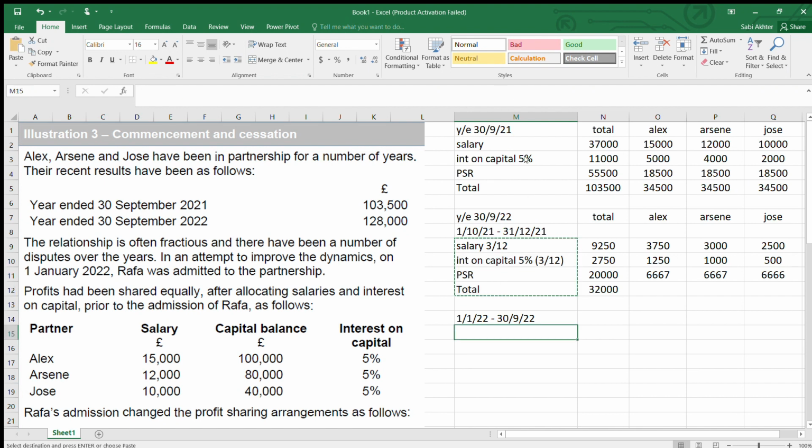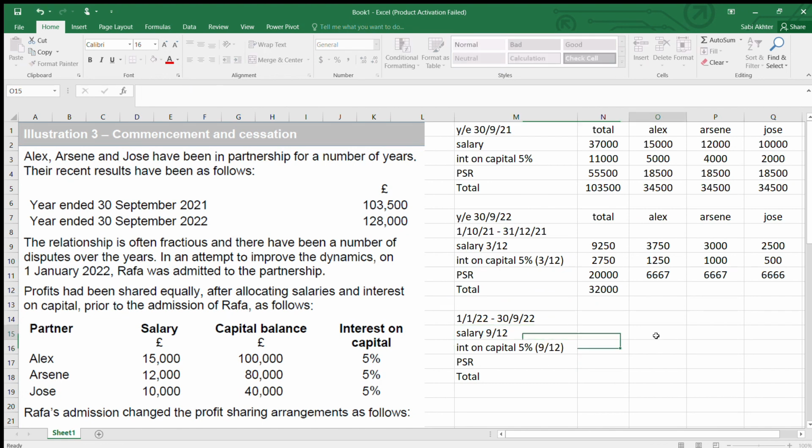Just copy paste here. Now you will take for the remaining 9 months only. So just go here, put equal sign, just go here into 9, just take 9 months. Drag it here.